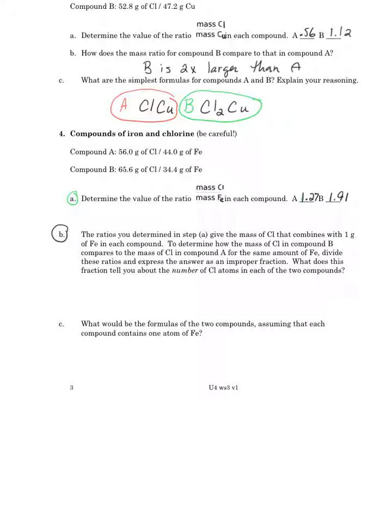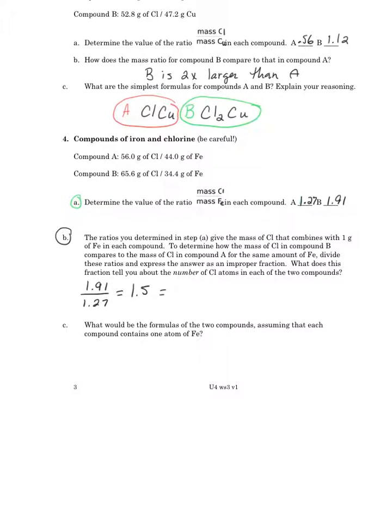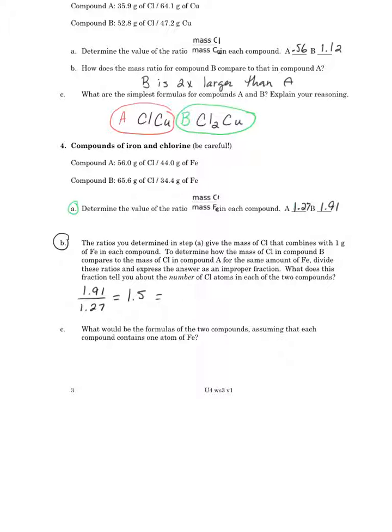So the first thing I have to do is divide one ratio into the other. When you divide that, you get 1.5. 1.5, when you turn it into an improper fraction, is 3 over 2, which means in compound B, you're going to have 3 atoms of chlorine.